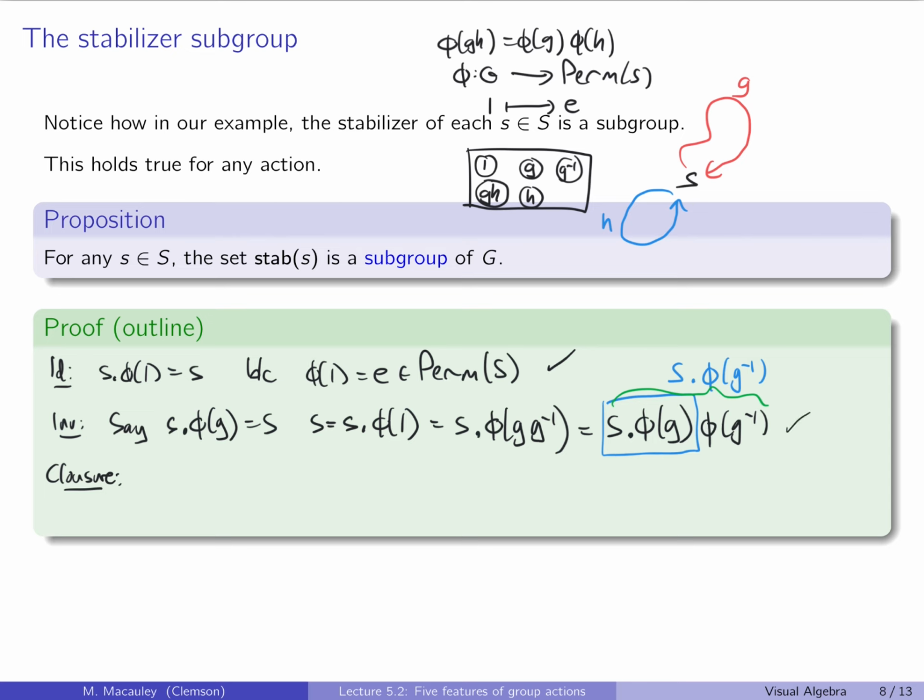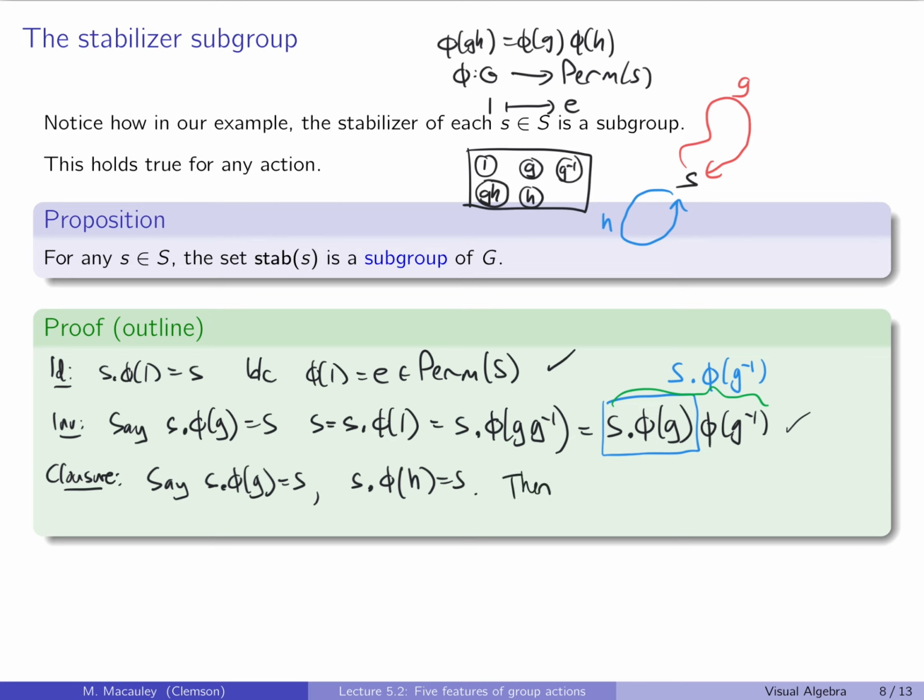And then what about closure? This one is also kind of one of those follow your noses. Let's say that S dot phi of G equals S, and S dot phi of H equals S. So in other words, G and H are both in the stabilizer. Why is their product in the stabilizer?